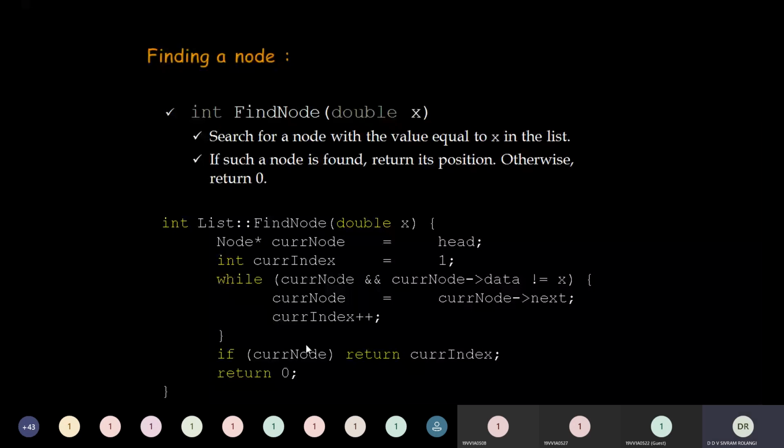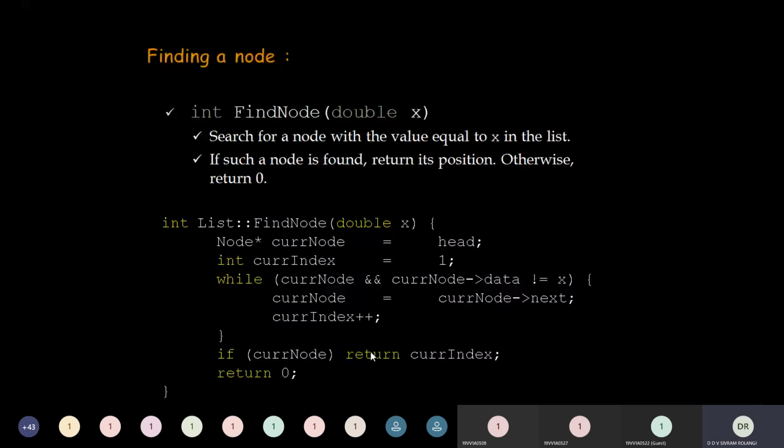Finally, the current index will give you the position of the found element. If current node is available, then return current index. Otherwise, return 0.